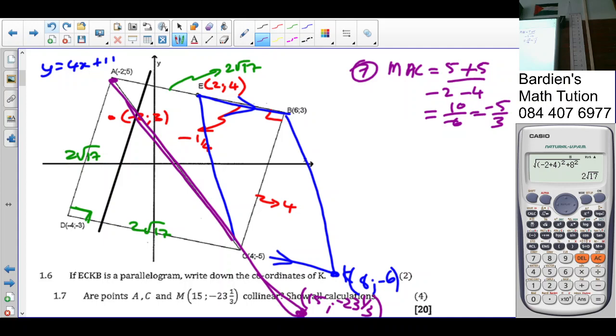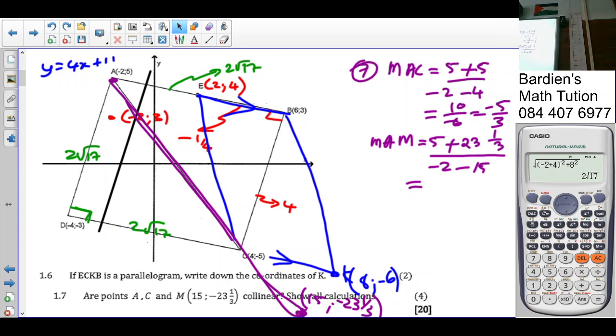I mean to say it lies on the same line. If it's not the same, it won't be collinear. Okay? You guys understand? So let's go with the gradient of A, M. Change in Y over change in X, so it's going to be 5 minus negative 23 and a third, over negative 2 minus 15.